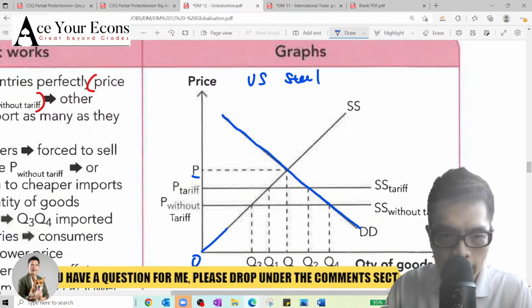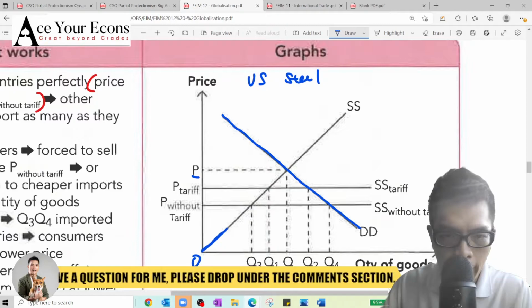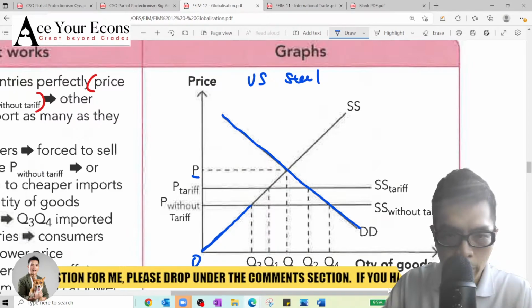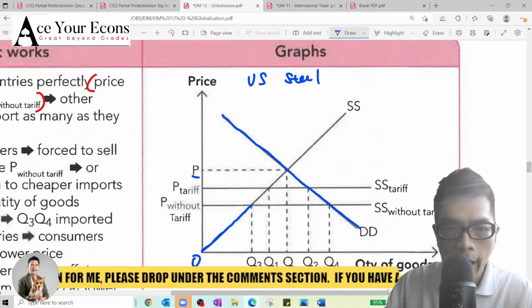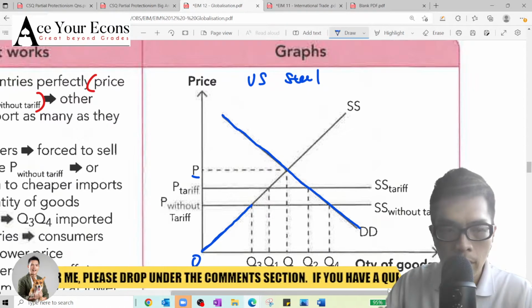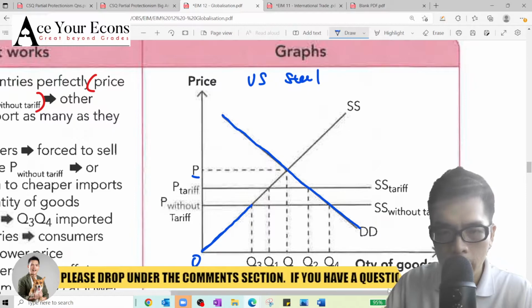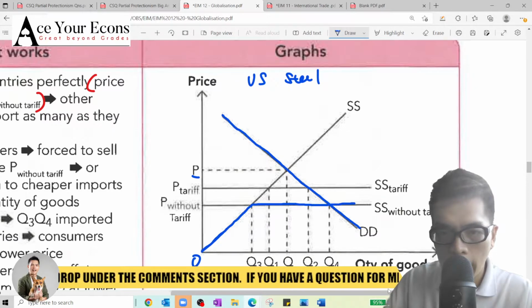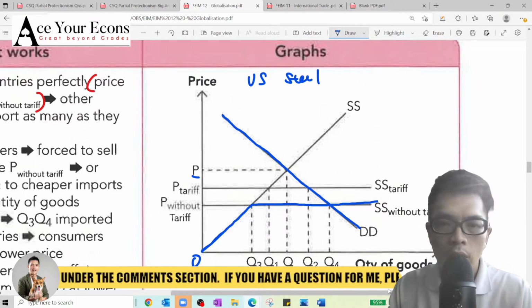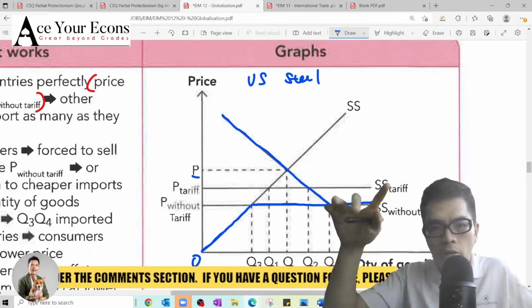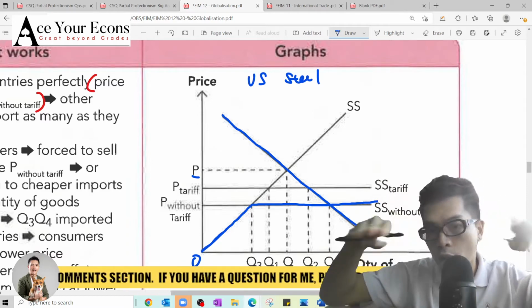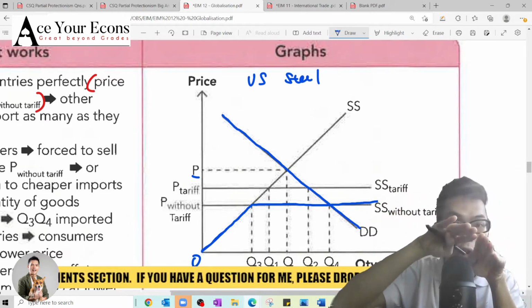The supply curve of US steel producers will be up to 0Q3, and anything higher than P without tariff will be satisfied by Chinese imports. So your supply curve will be disjointed. It will be a combination of what I drew in red and what I drew in blue.